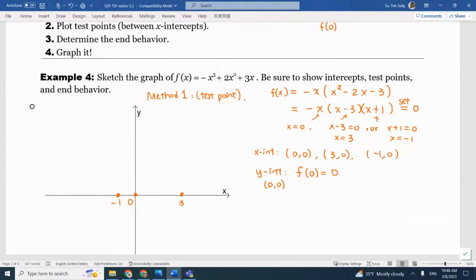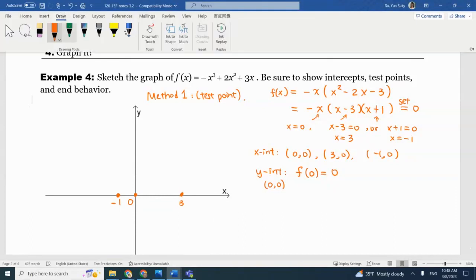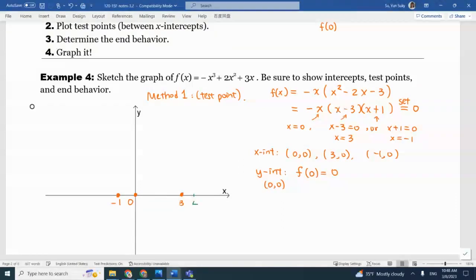So on each piece, let's pick some test points to plug into f to see whether it's positive or negative. Okay, everybody? Give me a number in the piece. 4, yes. Okay. Let's pick 4. Let's plug in f of 4. What do you get?